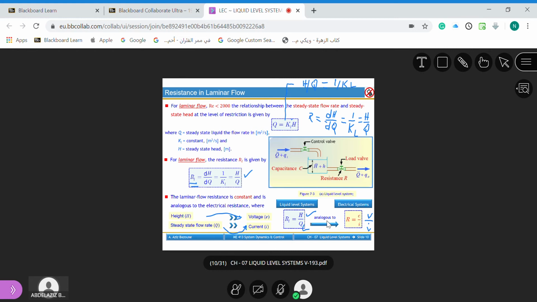Okay, go ahead. Why did we consider H as a constant? It's not that; it's like this.